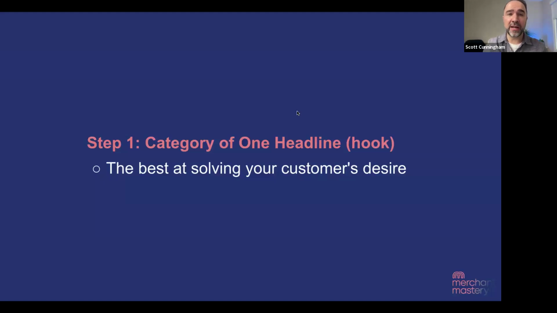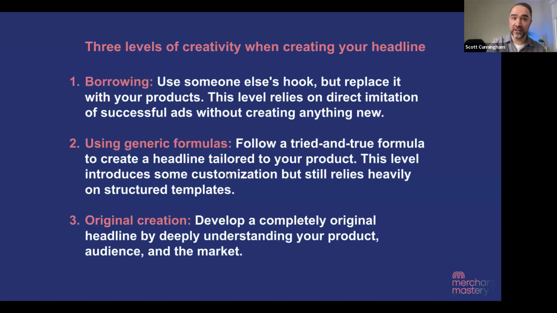The first step as we're creating our long form story ad is step one, creating the category of one headline, which is like your hook. As I said in my opening, we've spent three sessions dedicated to figuring this out, and we're really trying to position you as the best at solving your customer's desire. When creating this category of one headline, do you remember I was talking about three levels of creativity you could tap into when creating this?